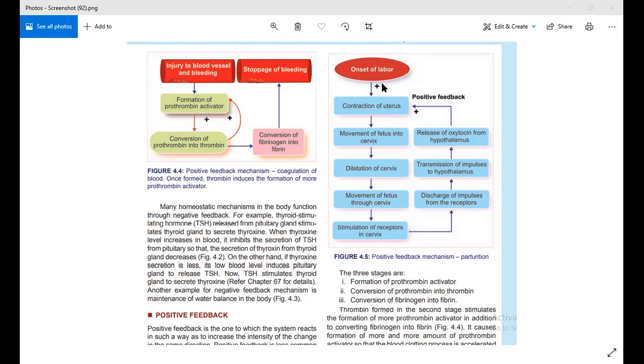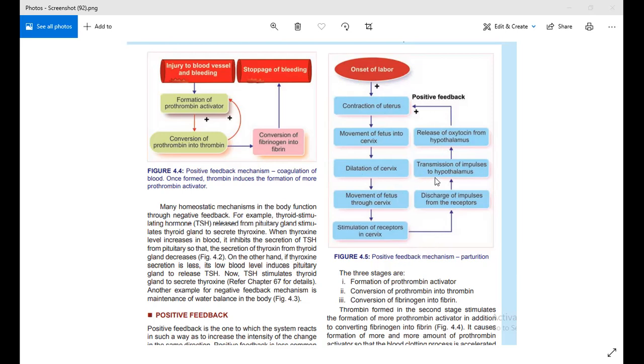So the initial input, this contraction started because of oxytocin, okay? That will lead again to the release of oxytocin, and oxytocin will cause more contraction, leading to the release of more oxytocin until the child is eventually born.